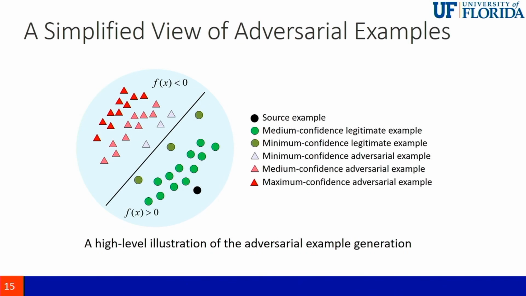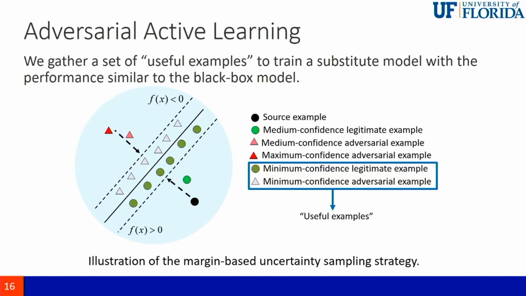But in our case, we realize that the really useful examples for us are the gray triangle and the dark green circle. These are very close to the boundary. Sometimes they are classified correctly, sometimes wrongly, but they all share the same property that the classification will give you very low confidence.